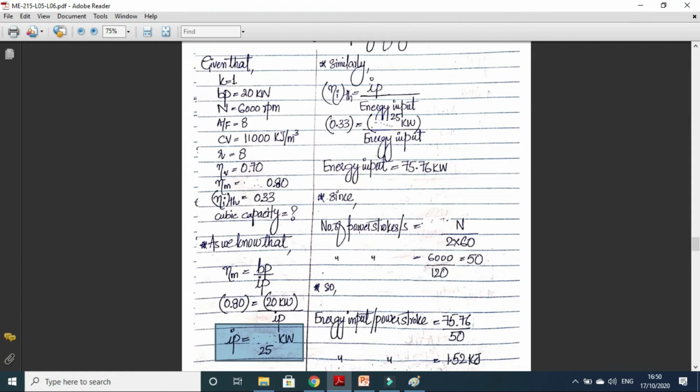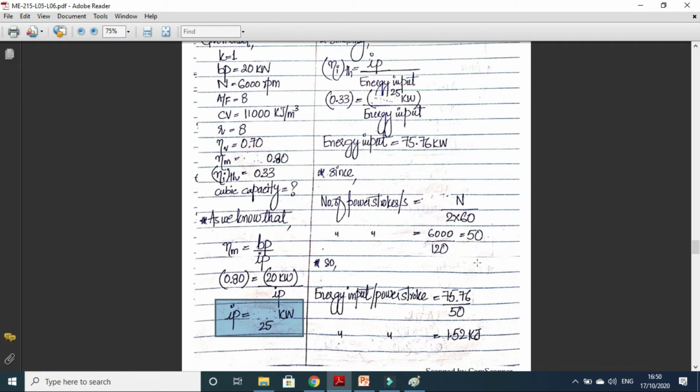Now, the number of power strokes per second can be found with the help of RPM. So N divided by 2, because it is a 4-stroke engine, because in the 4-stroke engine, every second revolution has the power stroke, and divided by 60 to bring RPM into RPS. So it's coming out to be 50 power strokes per second.